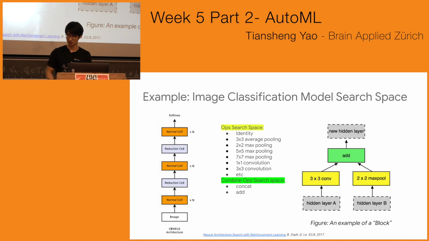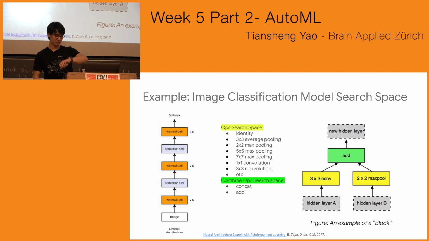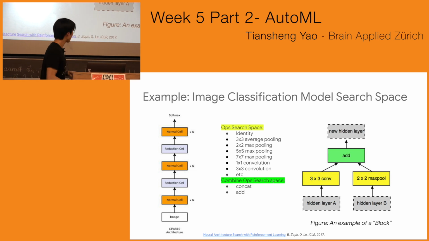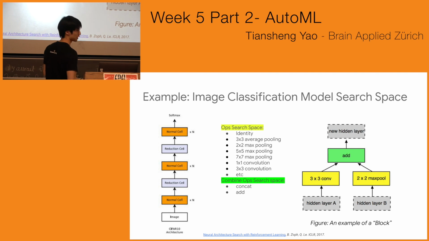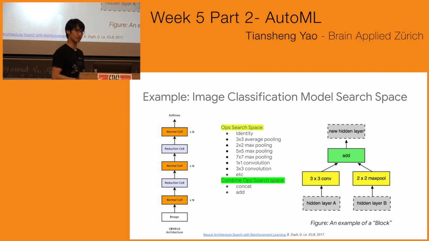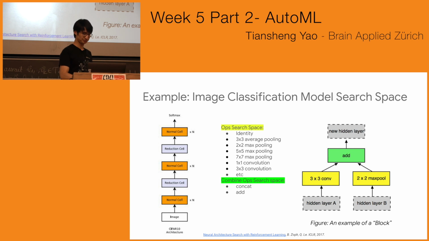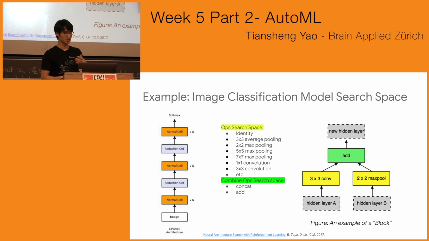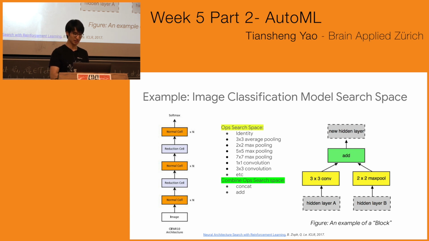So how does it actually work in practice? Let's take an image classification model together. On the left-hand side is the model architecture. Remember the giant model with many boxes we saw in previous slides. Here we want to define the image classification deep neural networks to follow some pattern. Each box is a pattern we call a cell.